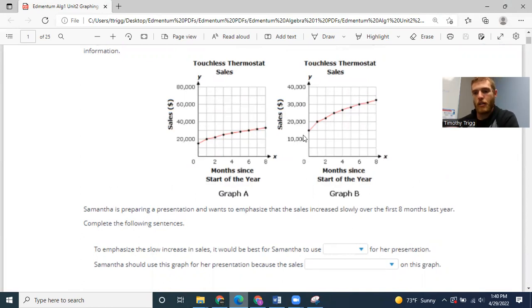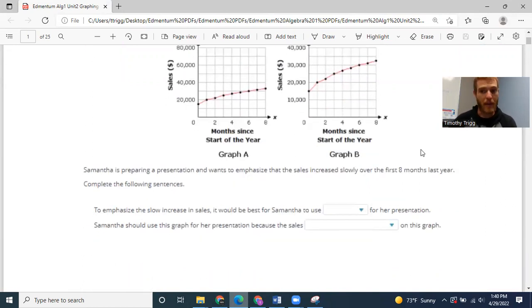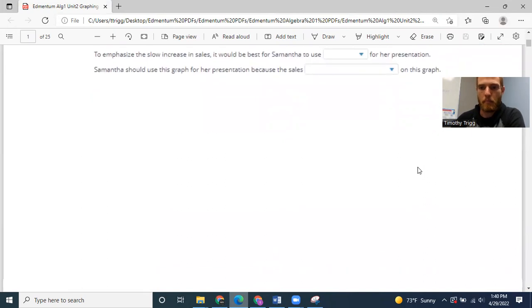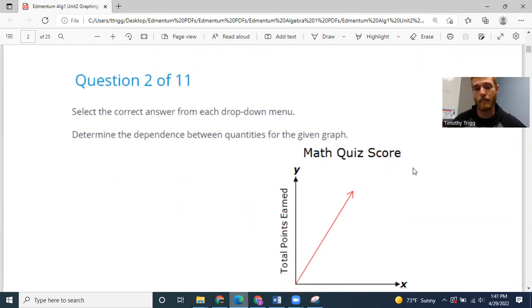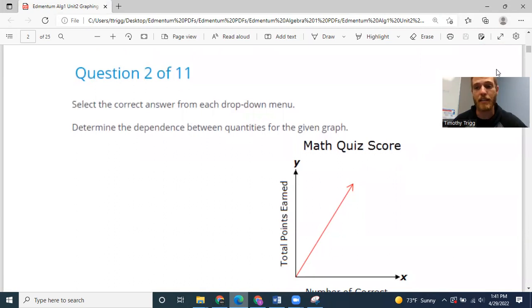People try to manipulate graphs all the time, so it's important for you to pay attention to what they're showing you. In fact, these two graphs say the same information mathematically, but you can skew someone's perspective of the graph by just changing the scaling on it. That's a very common tactic.